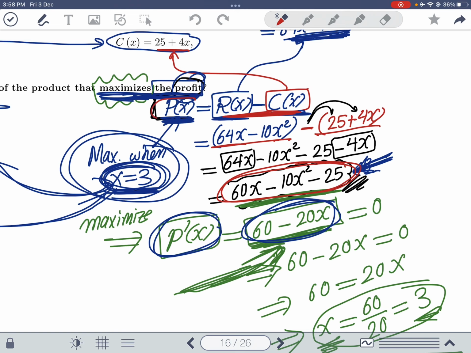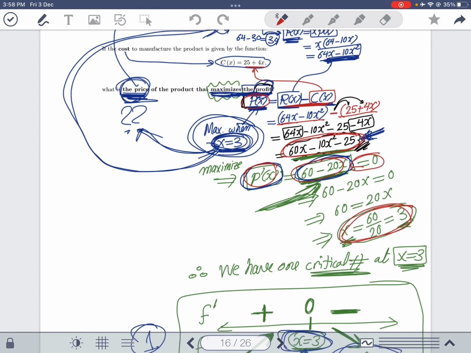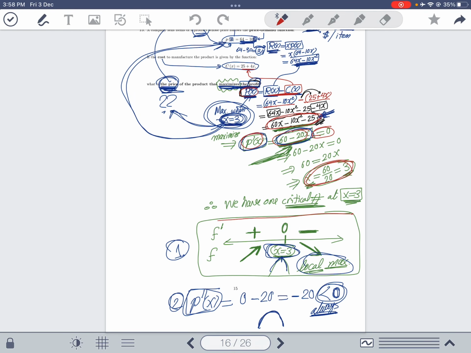That is the profit function. Then find its maximum by taking the derivative, setting the derivative equal to 0. Then you get x equals 3 is a critical number. Then you do a test, either first derivative test or second derivative test. You get that it's a local maximum at x equals 3.